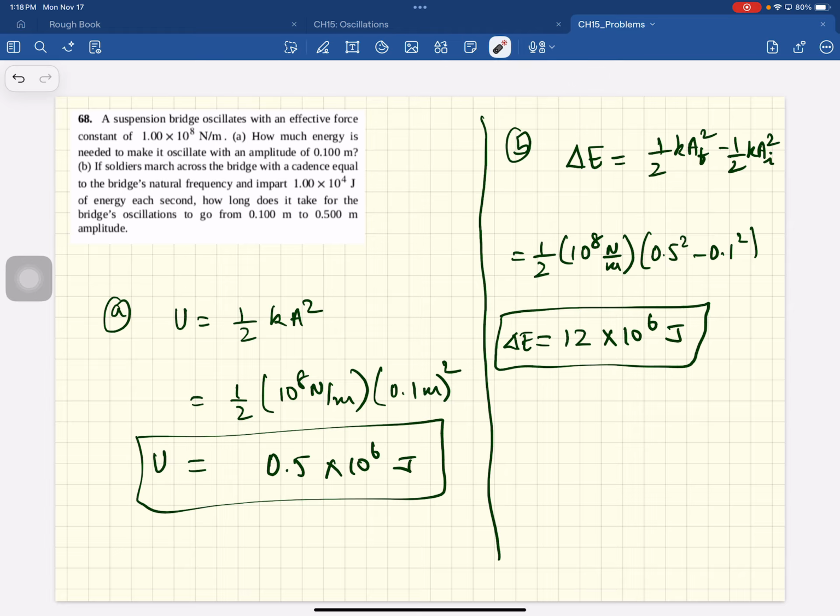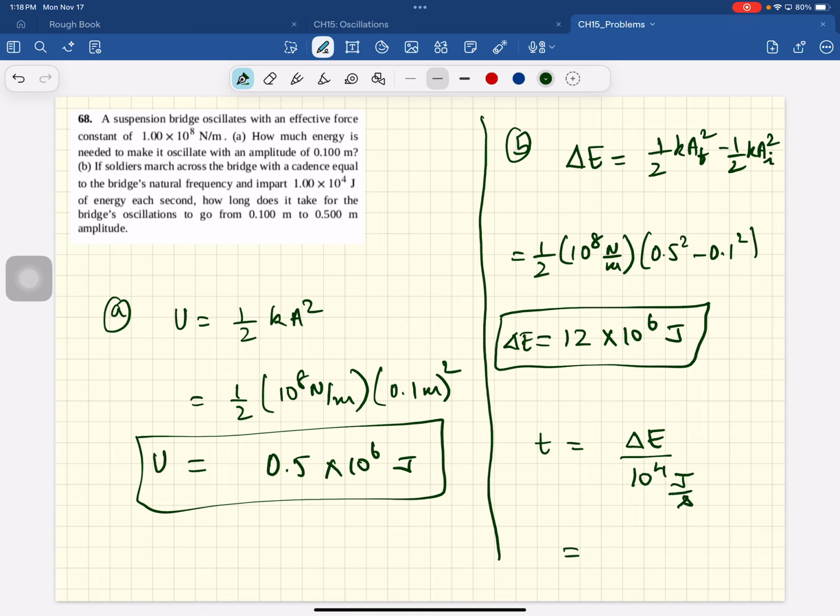So we'll calculate how long it takes for them to, and they impart that much energy every second. So part B. The time needed is, you need to impart this much energy and divide it by 10 to the power of 4 joules per second.